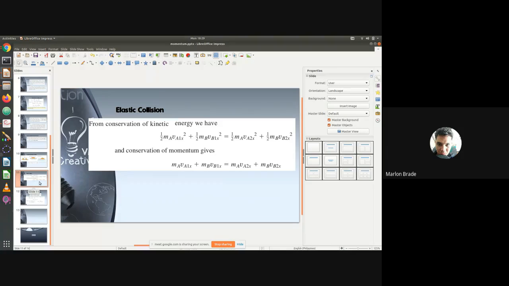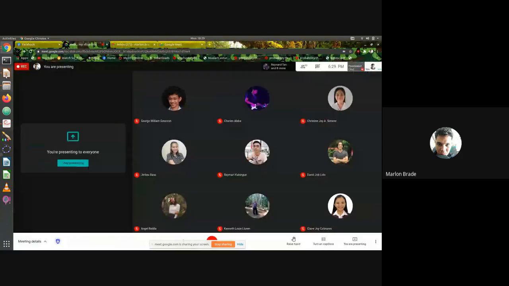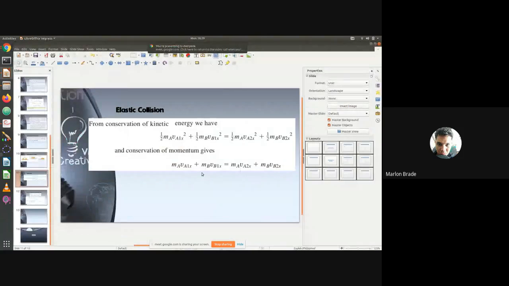What about the elastic collision? If the collision is elastic, then the kinetic energy is conserved, which means that 1/2 MA VA1x squared plus 1/2 MB VB1x squared is equal to 1/2 MA VA2x squared plus 1/2 MB VB2x squared. This happens in an elastic collision when all forces involved in the collision are conservative forces.